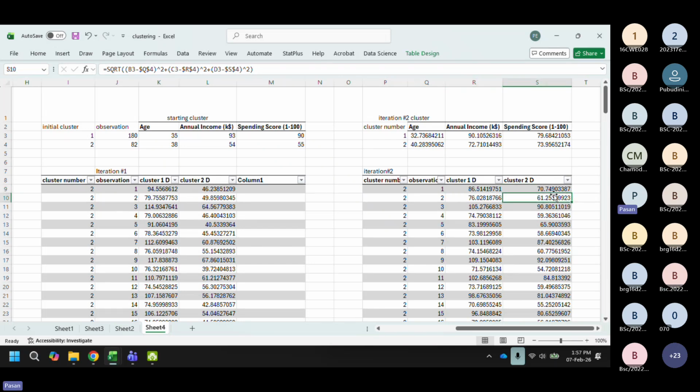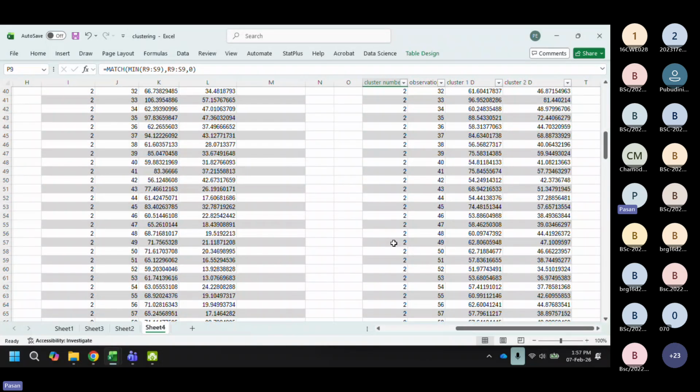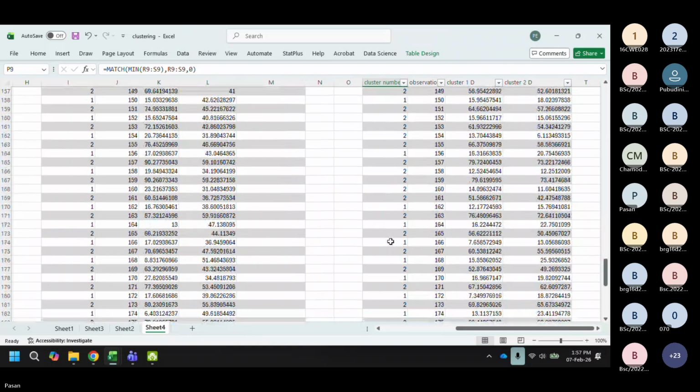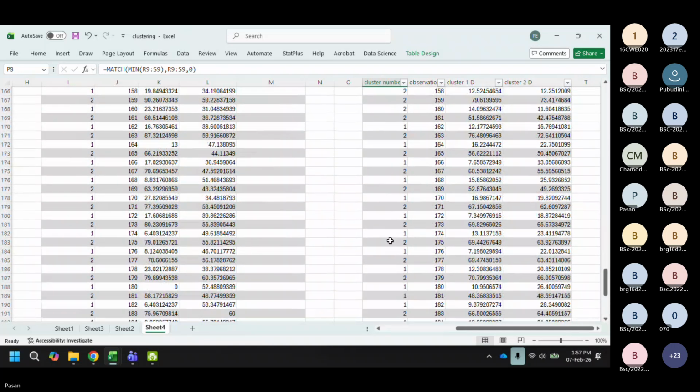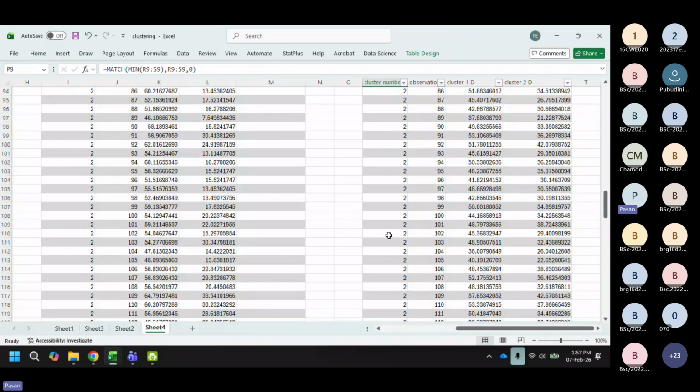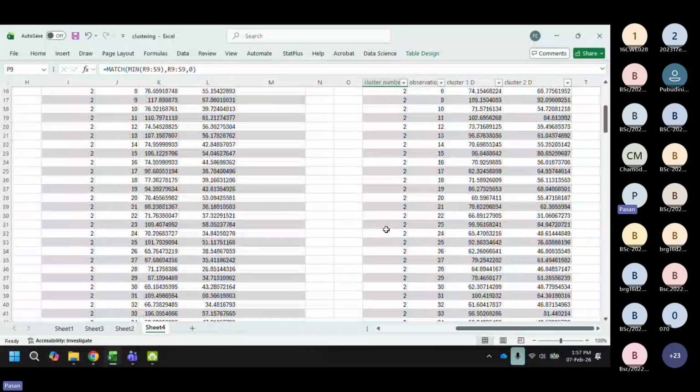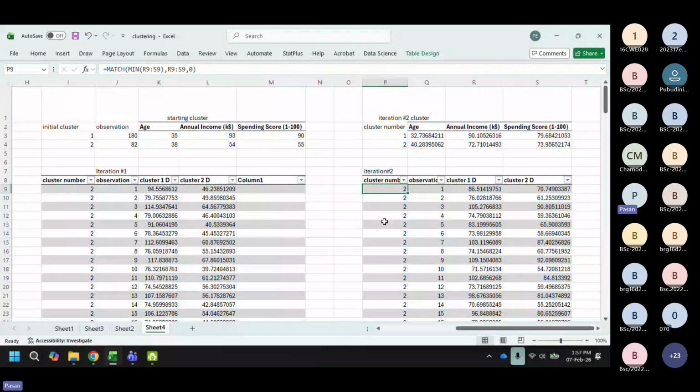So these are my distances, and by checking each value, I can decide which cluster they belong to. The majority of them go to the second one, and the rest are going to be the first one.